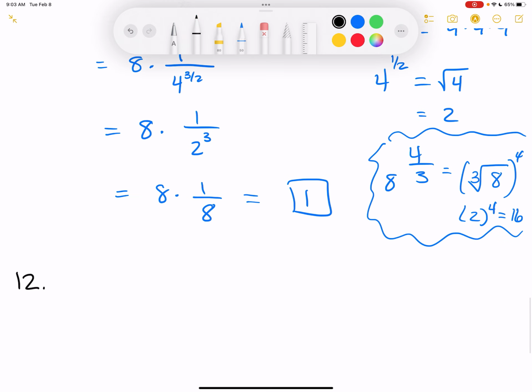All right, so 11 and 12 go off the same table, okay? So the table that you're given is x, f of x, and you're given a g of x. For the sake of this problem, we don't need the f of x, so I'm going to get rid of it. We only need g of x.